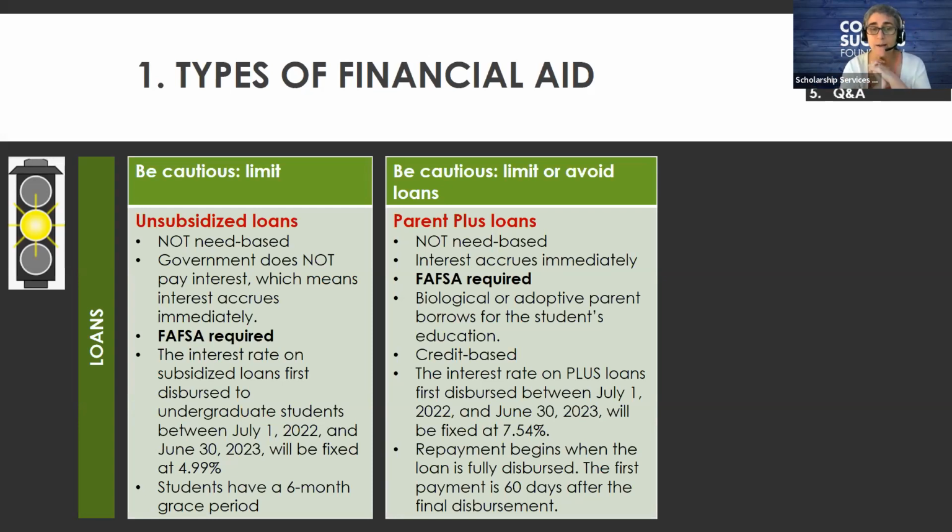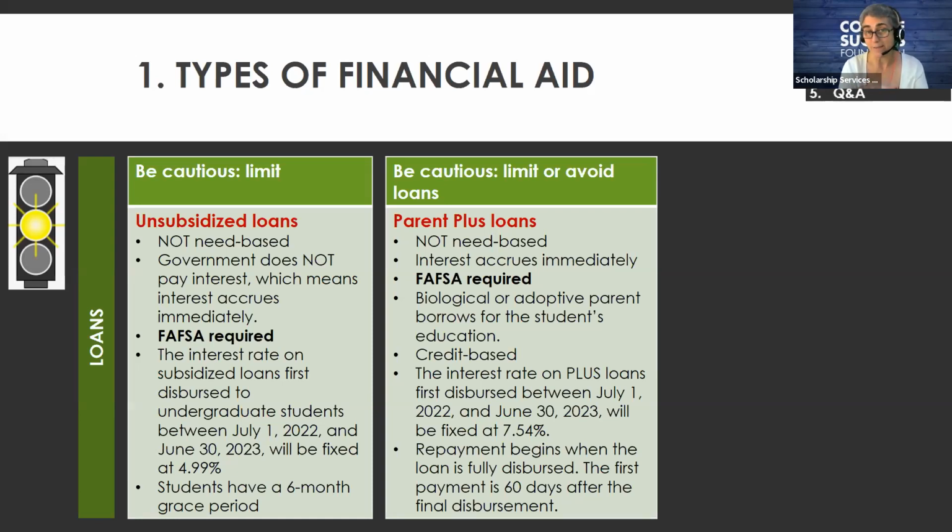The next one, we have it in this yellow category, but when I talk to families, I really encourage them to limit or avoid altogether, is the Parent Plus loan. This is also non-need-based. Interest also, like the unsubsidized, accrues immediately. Parents can take it on behalf of their student. Only biological or legally adopted parents can take it on behalf of their students.